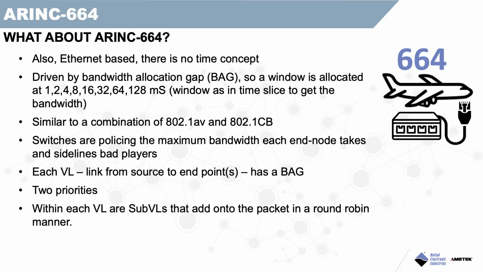To adhere to its BAG limit, end systems perform egress traffic shaping, modeled after telecom's asynchronous transfer mode, or ATM, token bucket scheme, to schedule their transmissions. Switches perform token bucket-based traffic policing, dropping traffic on VLs where the BAG limits are being exceeded.